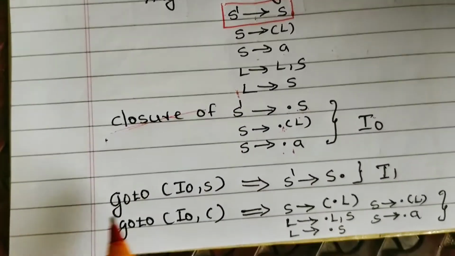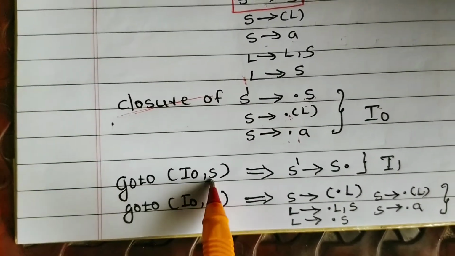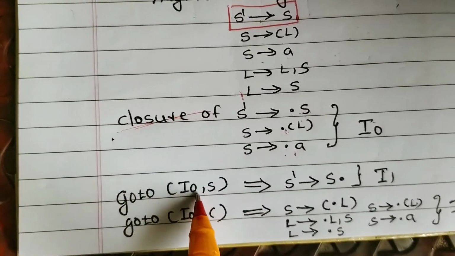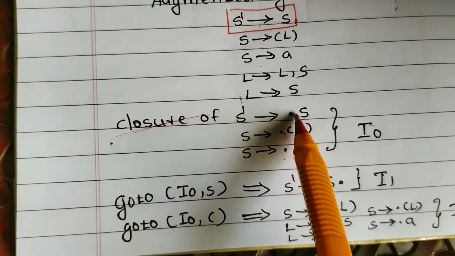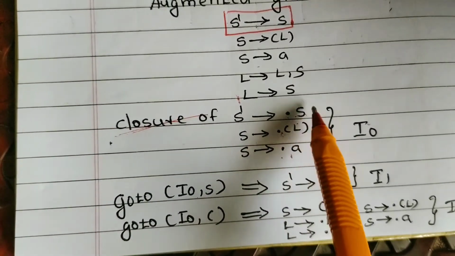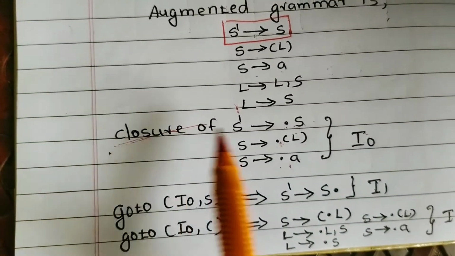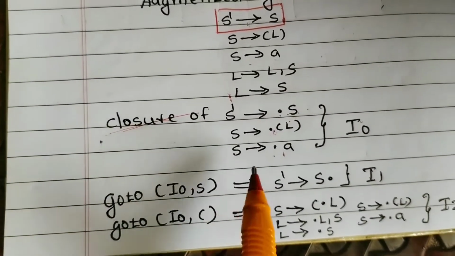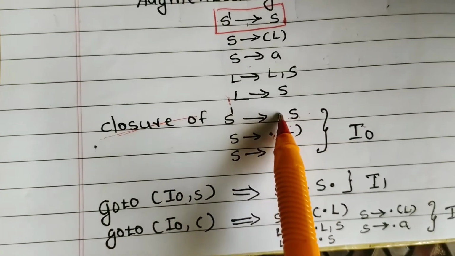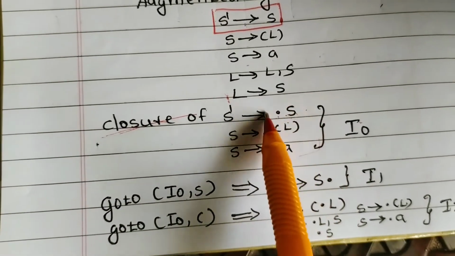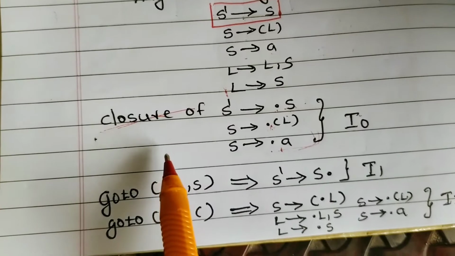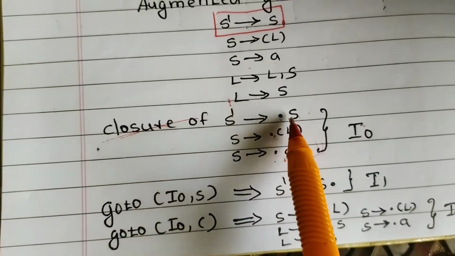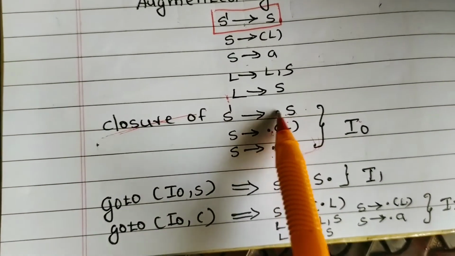The next important step is to find the goto. The motto of goto is that we take the dot to the end of the production, moving it one step after another. That's it, a simple procedure. For this goto, we focus entirely on the right-hand side, moving the dot from the left side to the end.